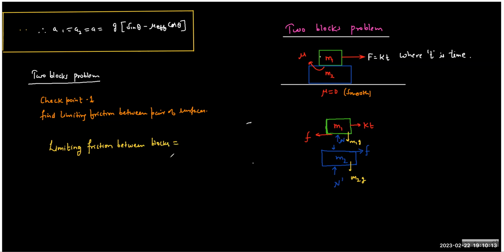See, when I ask limiting friction, it means what is the maximum value we can generate? It is like the money in your pocket before you go to some market or shopping mall and buy stuff. How much money you carry in your pocket is like asking what is the limiting friction.